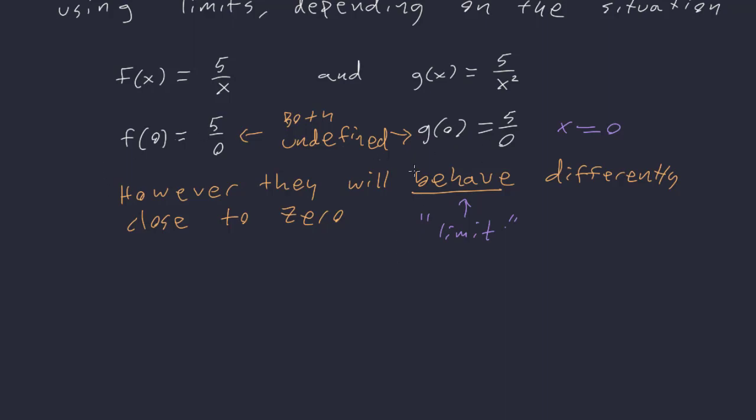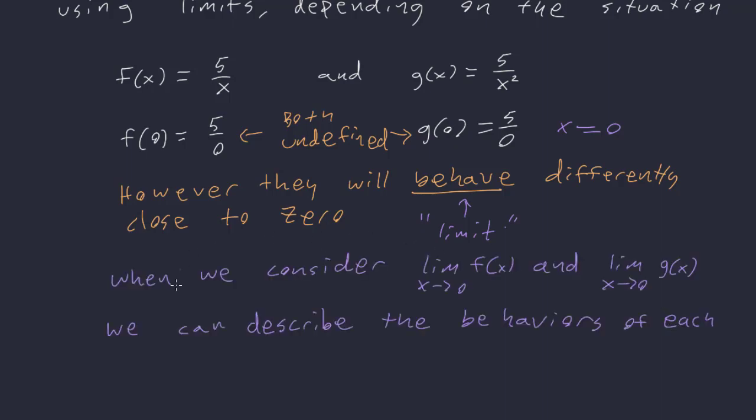So if we instead look at what's going on with the limit as x goes to 0 of both of these, we'll actually see some behavior that we can describe. Okay, so let's start with some tables, and then we'll look at the graphs, and we'll talk a little bit about what's going on whenever we have this constant over 0 case showing up.